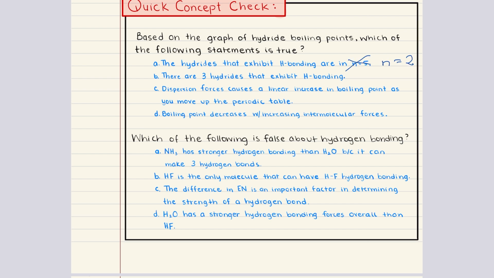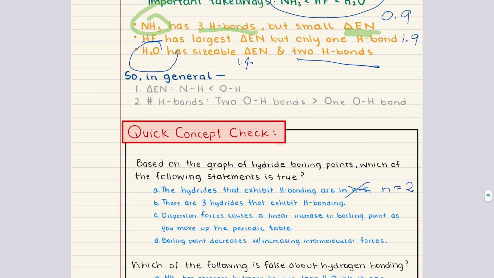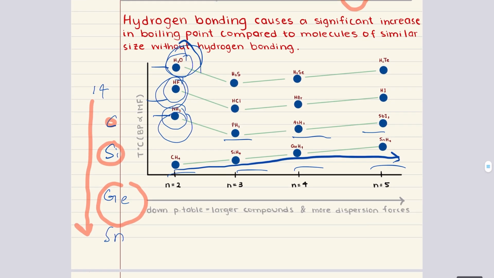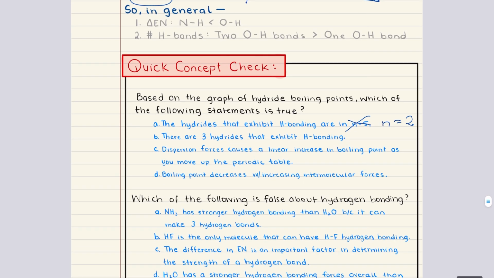The N equals 5 hydrides follow normal London dispersion force trends rather than hydrogen bonding effects. And we can see that directly from our graph. So that first statement is incorrect. Let's read answer choice B. Answer choice B says there are 3 hydrides that exhibit hydrogen bonding.